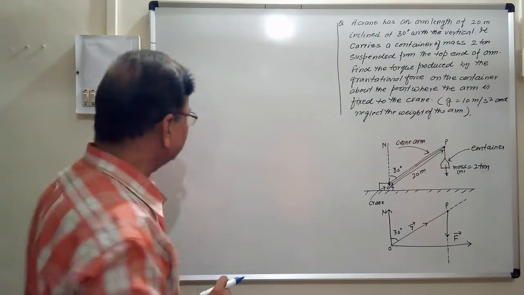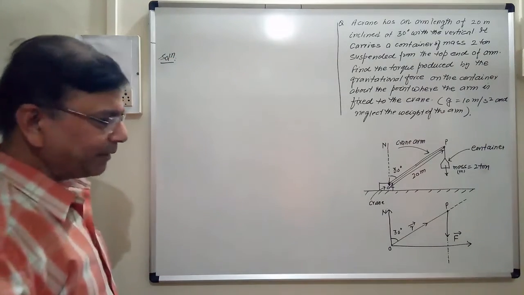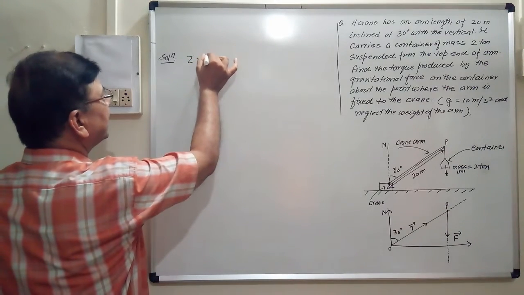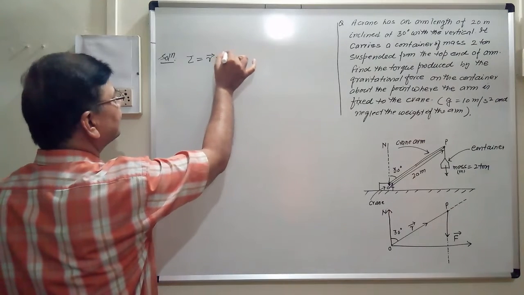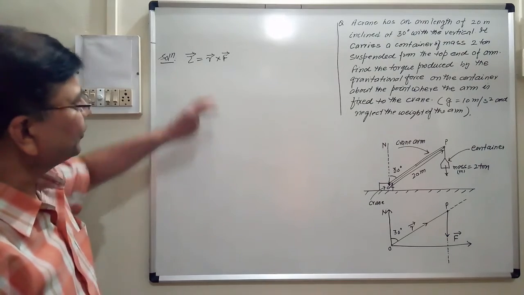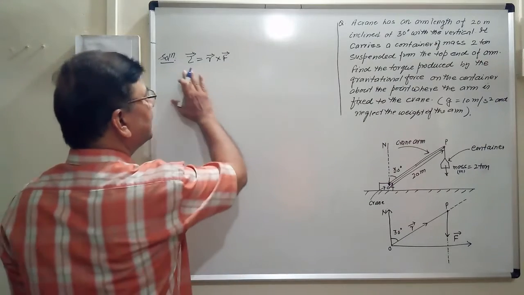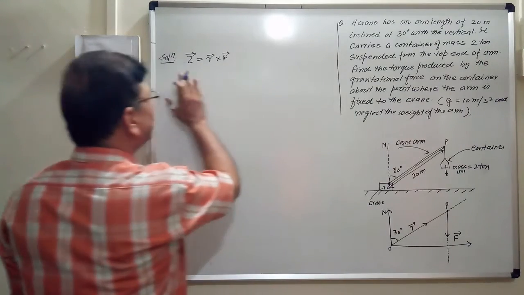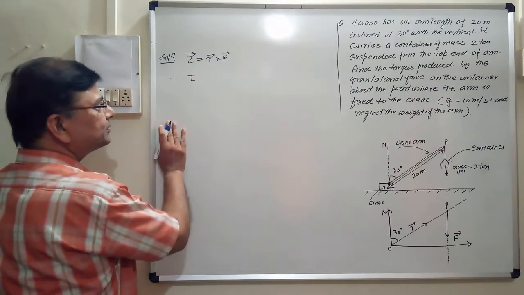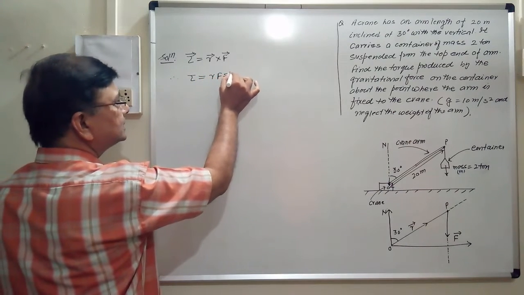So for that, to get the solution, what I want, actually torque is equal to R cross F. This is the standard formula, right? And this formula could be written in different forms. I have shown for the magnitude of this torque, therefore without putting arrow at the top, that is RF sine theta.